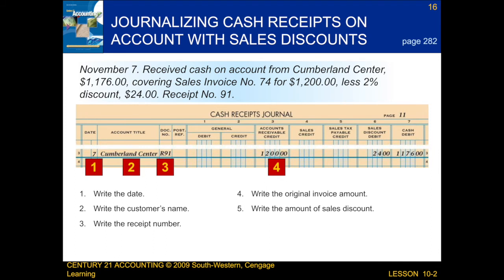After that, we write the amount of the sales discount, which is $24, in the sales discount debit column. And the way that's calculated is by taking the $1,200 and multiplying it by the 2% discount. And finally, we write the debit to cash, which is $1,176, in the cash debit column. So this number minus this number will give us $1,176. So this credit minus this debit should equal this one debit.